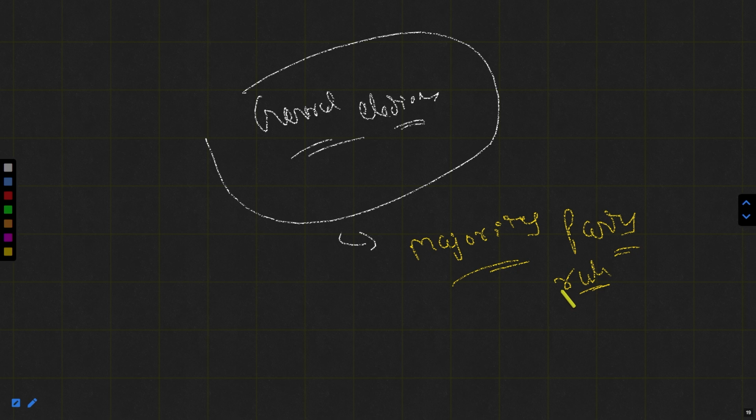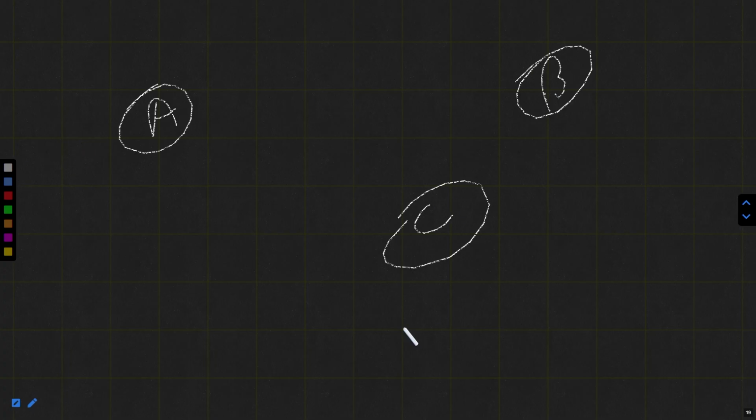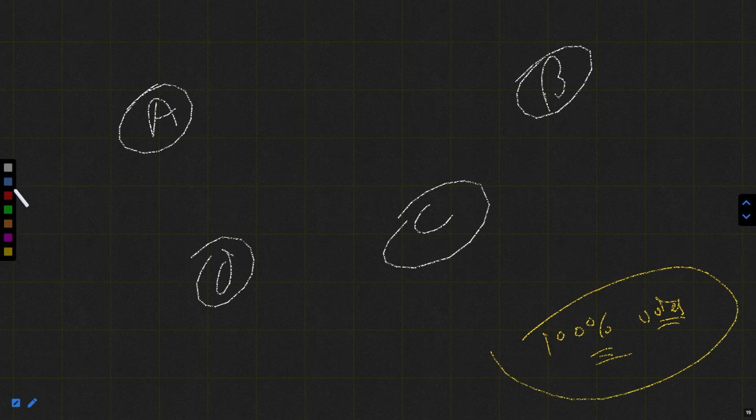So basically, in election times, you have seen there are various political parties participating in the elections. Suppose, for example, this is A, this is B, this is C, this is D. These all political parties are taking part in the election. 100% votes are there. Party A gets 55% vote.